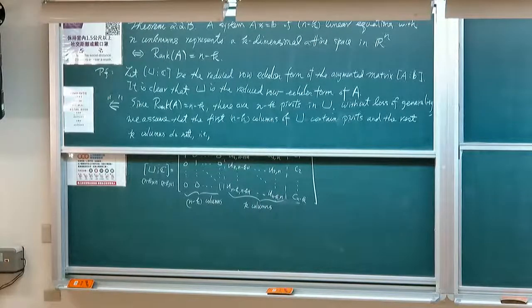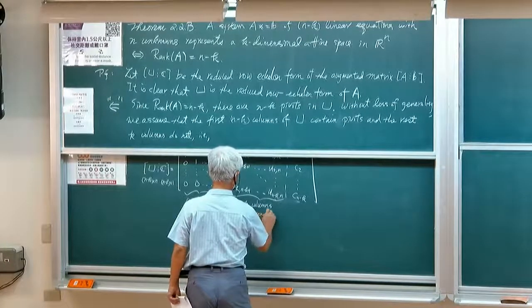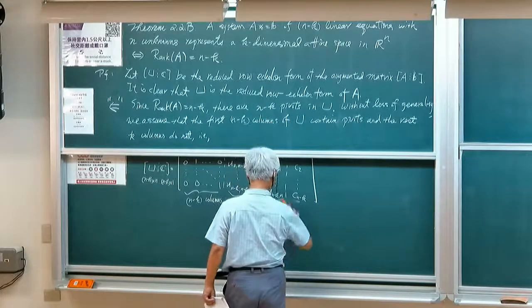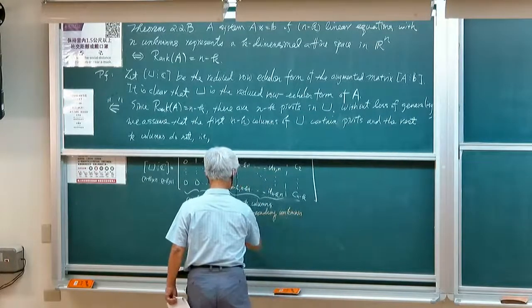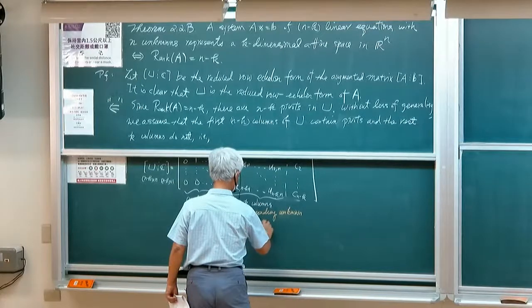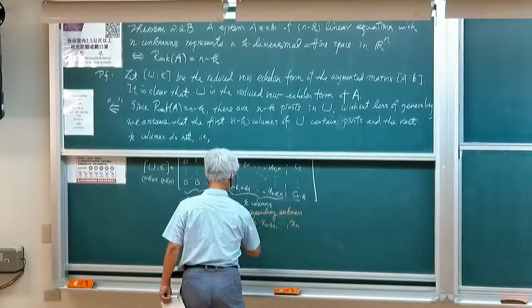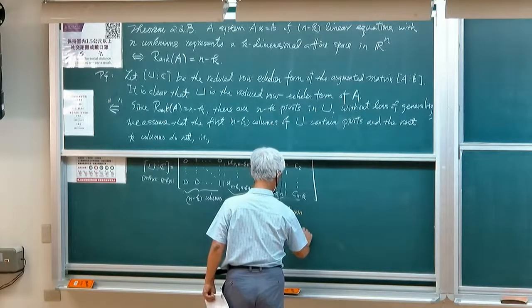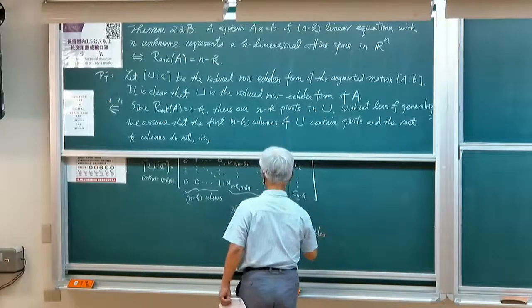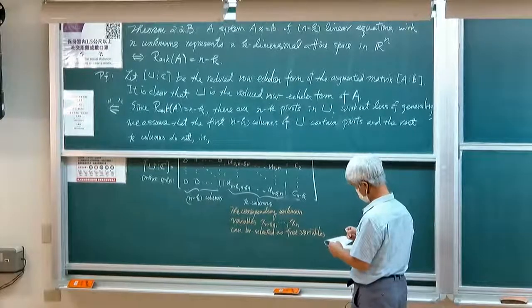So the corresponding unknown variables x_{n-k+1} up to x_n can be selected as free variables.